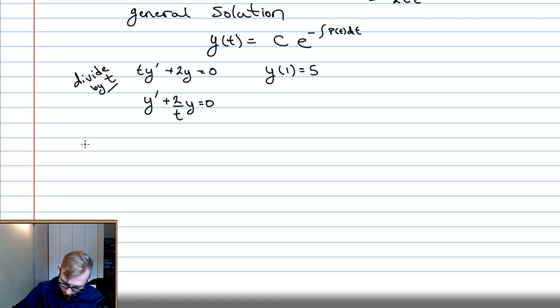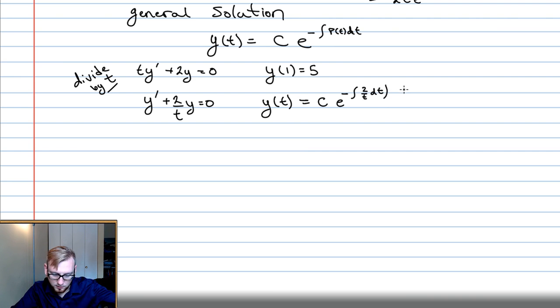And now we'll use this general solution. So y of t is equal to some constant c, and we've got e to the negative integral of 2 over t dt. And what is the integral of 1 over t?